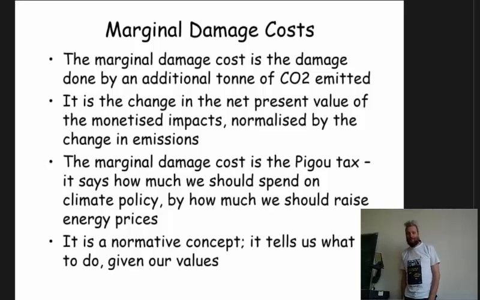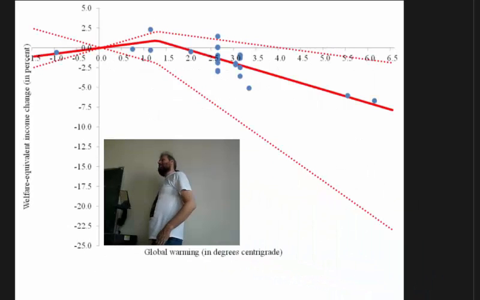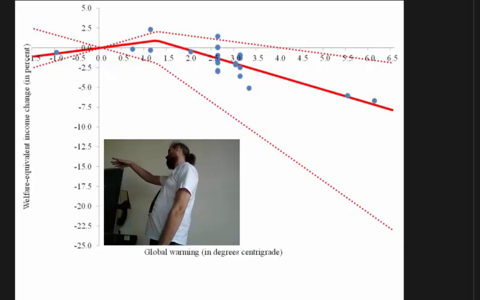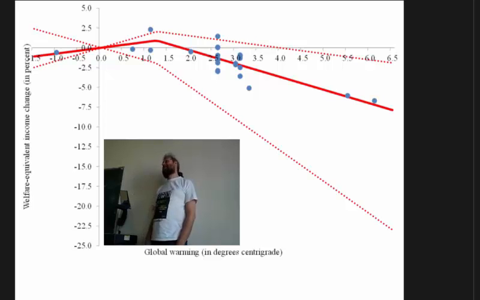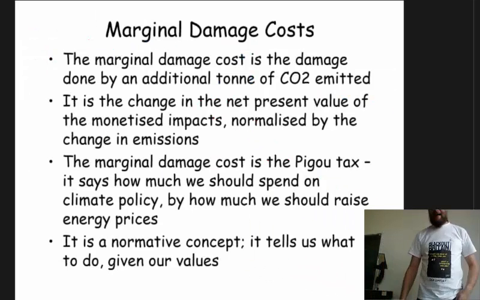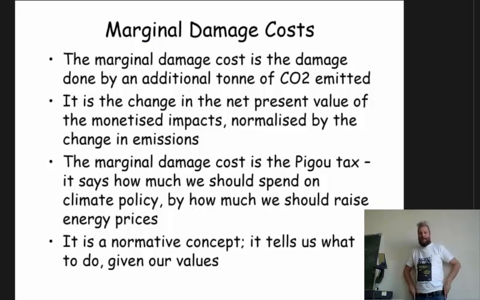If we emit an additional ton of CO2, what would be the additional damage done? The way to calculate this is to run a scenario of greenhouse gas emissions, calculate the impact of climate change, for instance, using the function that you see here, and then run a slightly different scenario of greenhouse gas emissions, calculate the impact again, take the difference between the two estimates of the impact, and discount the whole thing back to today, normalize it with the change of emissions that you put in, and that is your incremental impact of the extra CO2 that you put into the atmosphere.